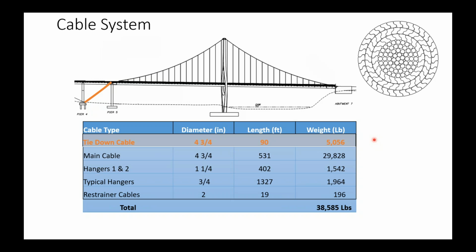We've got the tie-down cable, and this cable really acts to anchor the main suspension force down into the ground. Then we've got the main suspension cable. This cable is about a 4 3/4 inch diameter main cable, and altogether it's about 30,000 pounds.